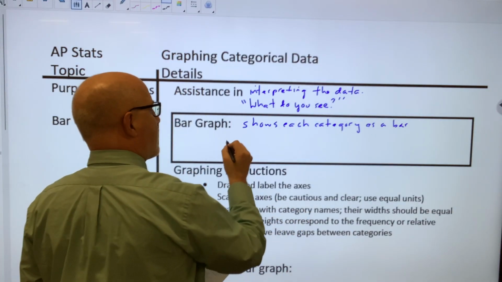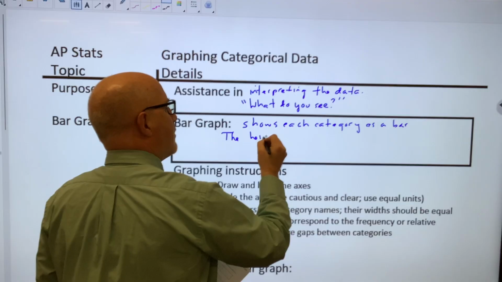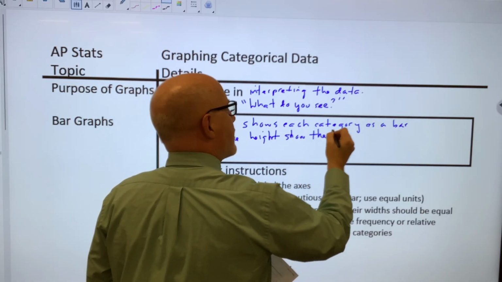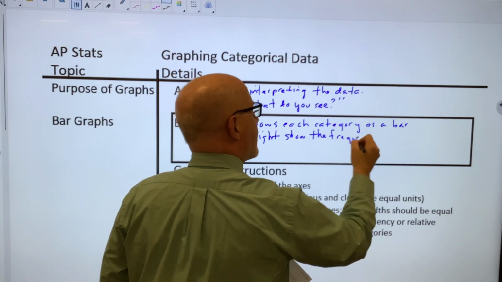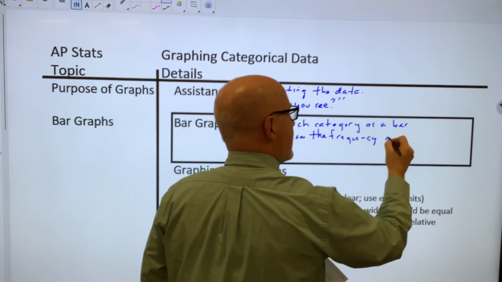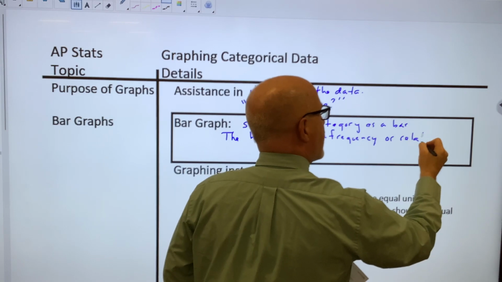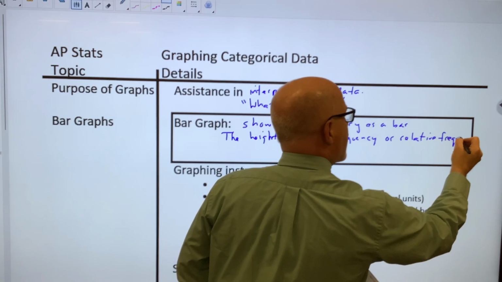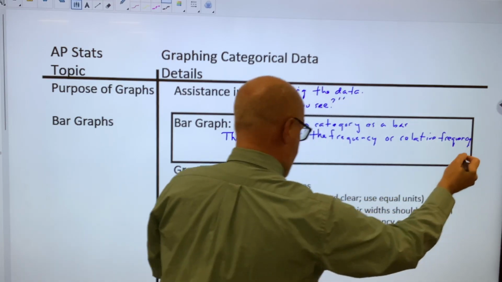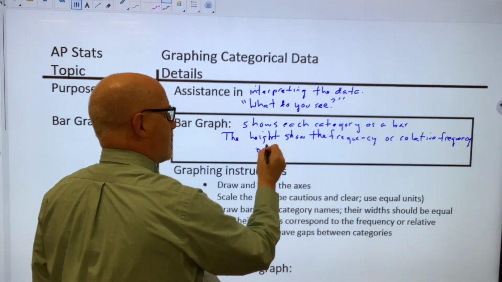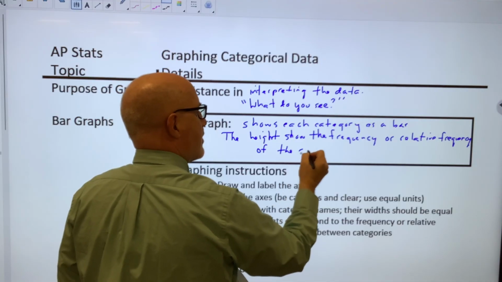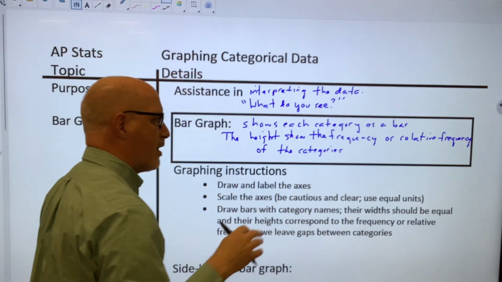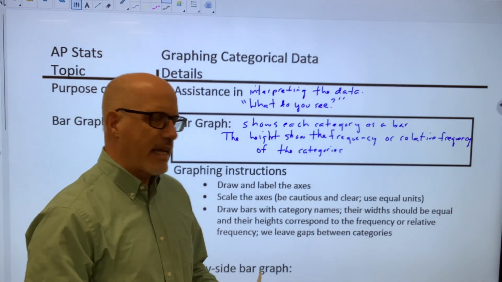So the height shows the frequency, or relative frequency, of the categories. So you take each category, represent them as a vertical rectangle bar.